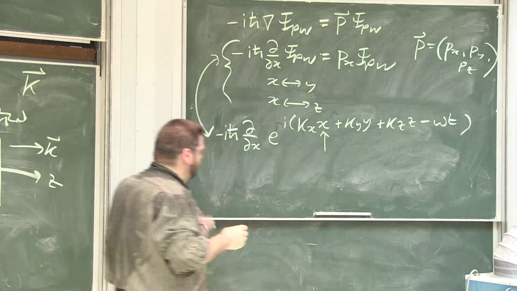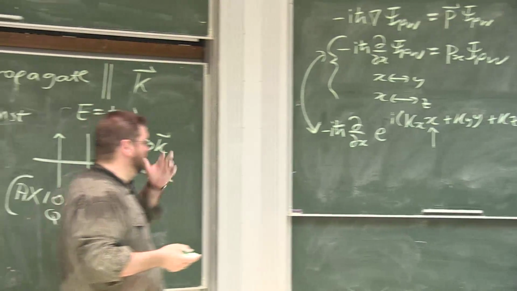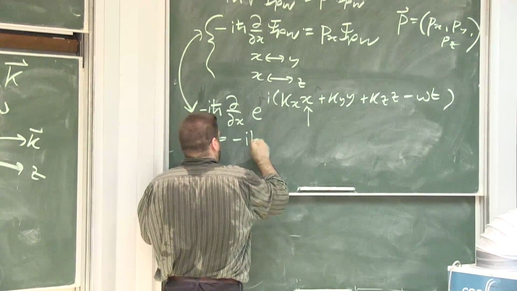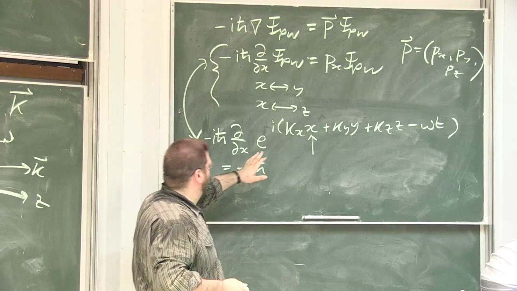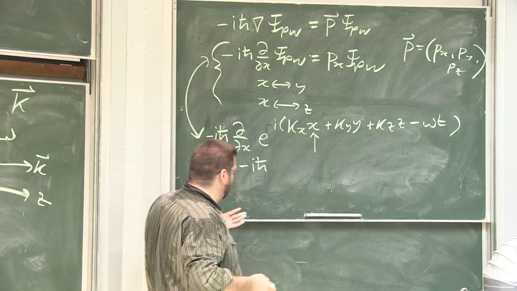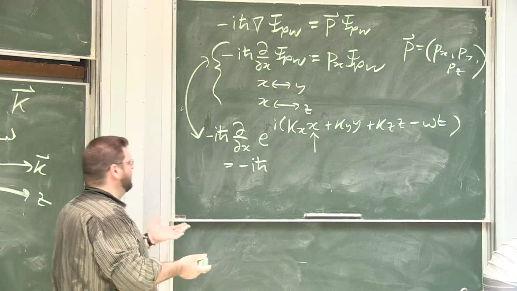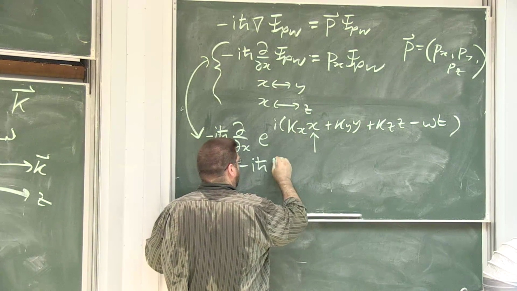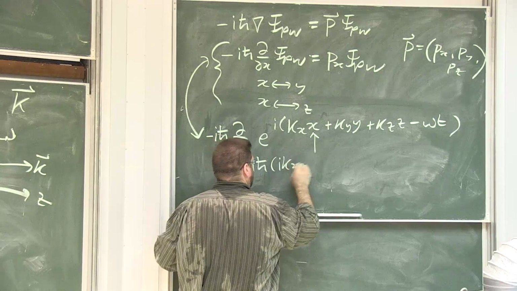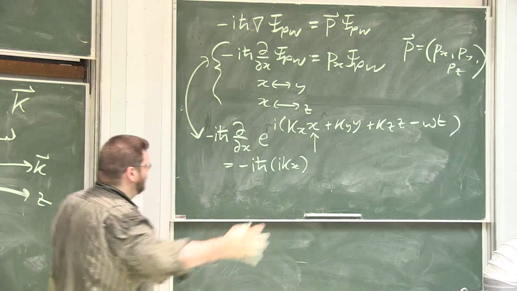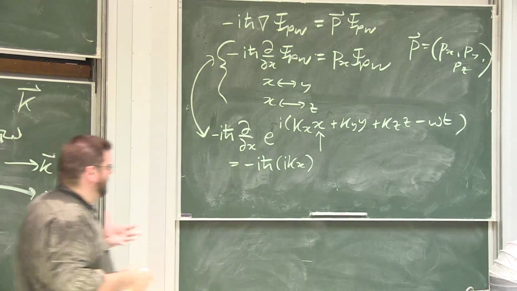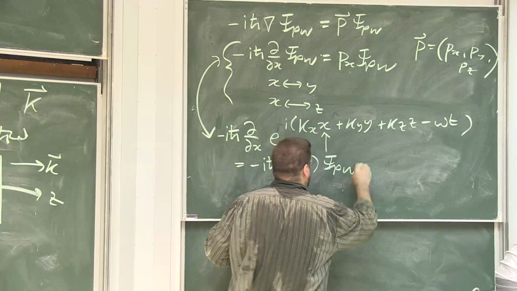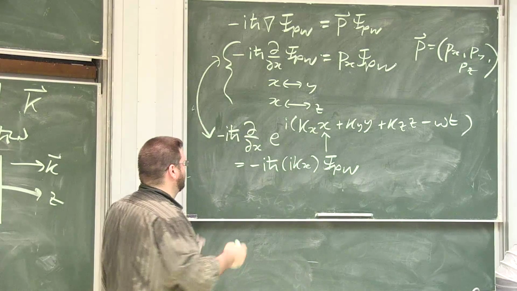As far as d by dx is concerned, x is the only variable we're differentiating, so these constants come along for the ride. We're differentiating e to the i kx x via the chain rule, which just pulls out the coefficient of the x, which in this case is i kx. And everything else stays exactly as it is, and the everything else is the plane wave function, which I'll just write as follows to save chalk.